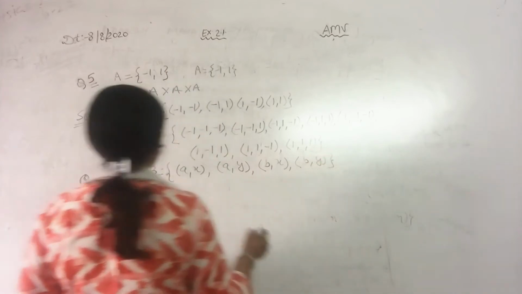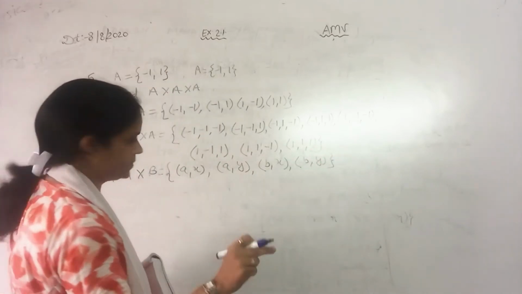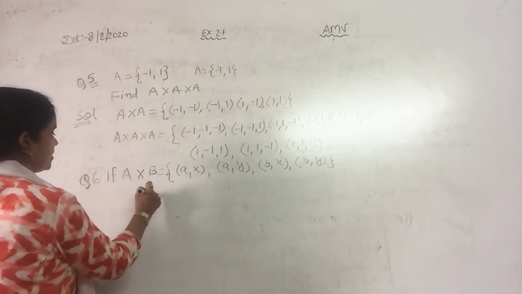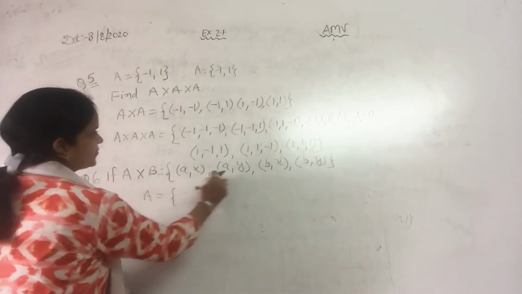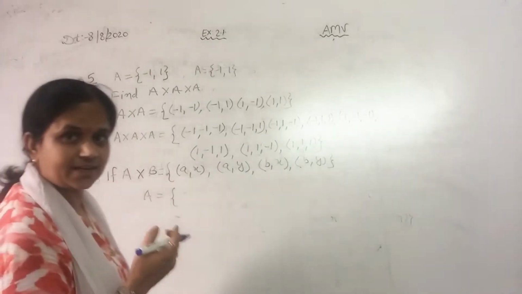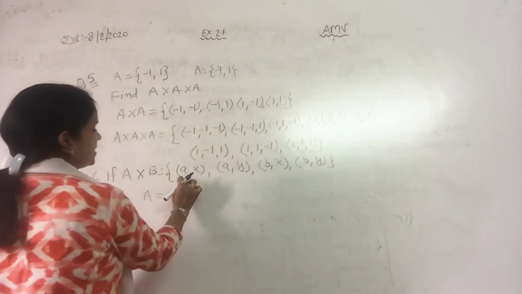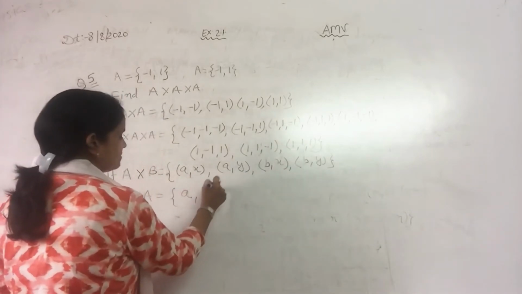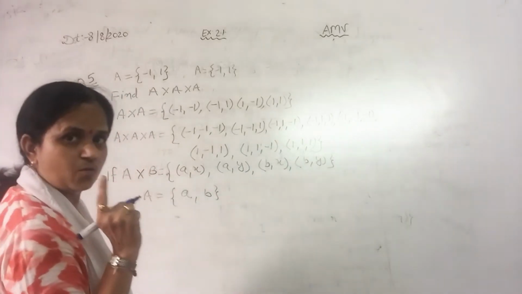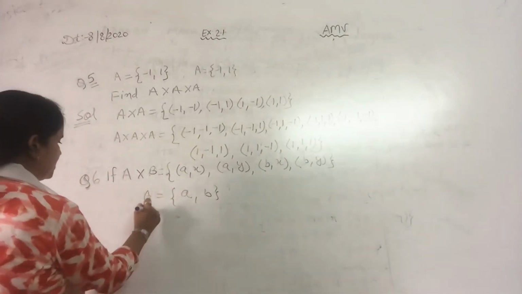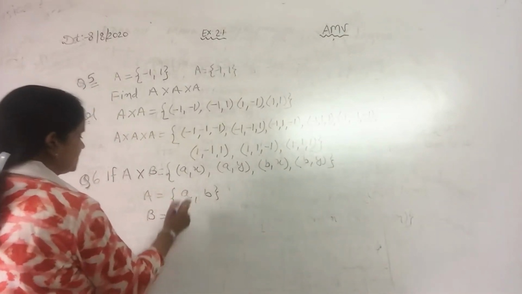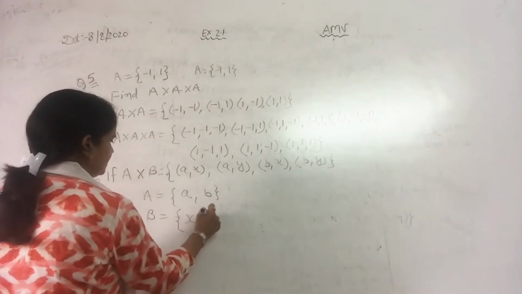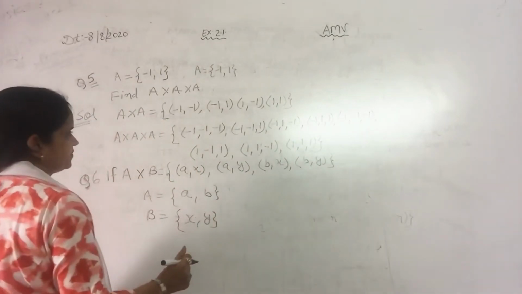Then we have to find set A and set B. Okay, since it is Cartesian product of A×B, the first elements of these pairs are from set A only. So first elements a and b. Don't repeat the elements, write only once. And set B would be the second elements, x and y.